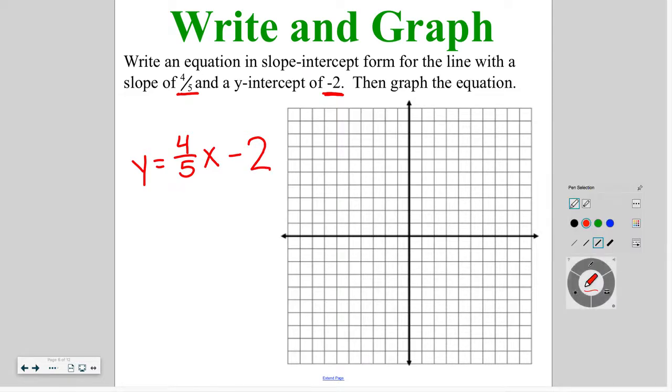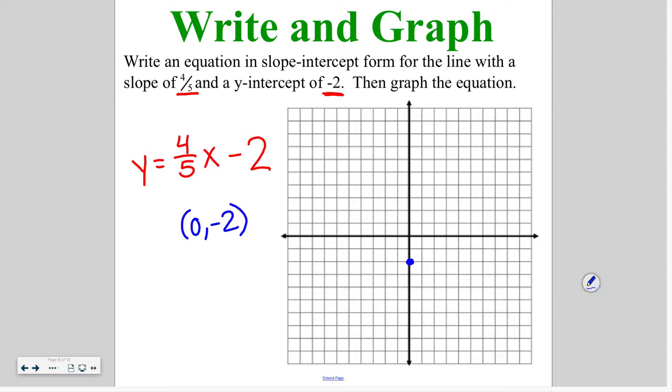When I come to put this on the graph, I'm going to start with (0, -2). That's my y-intercept. Then I'm going to use my slope right here, and that is telling me that I am going 4 up, so 1, 2, 3, 4 up, and 1, 2, 3, 4, 5 over to get my second point. Obviously, you don't need these middle dots in there.